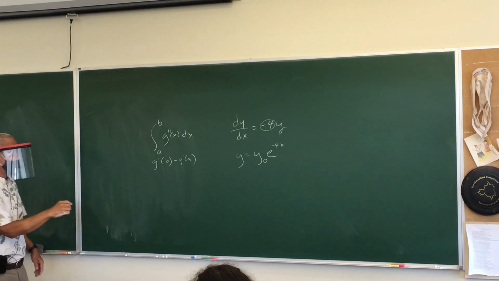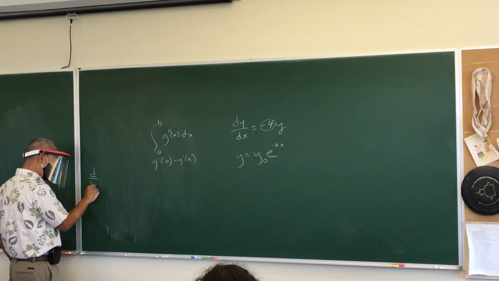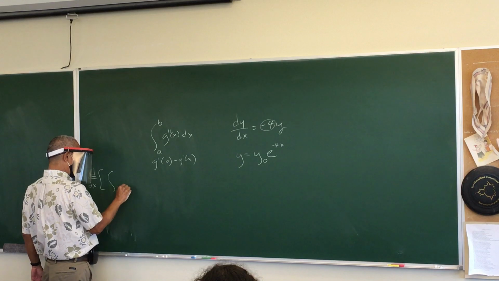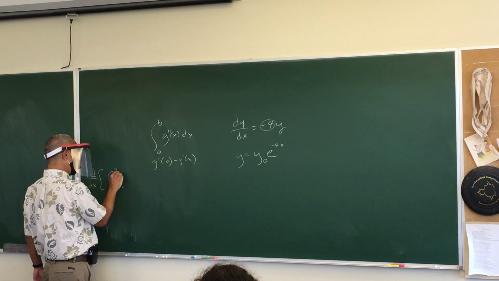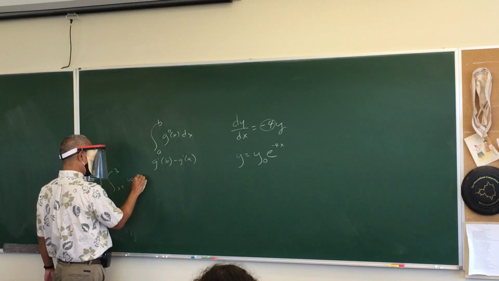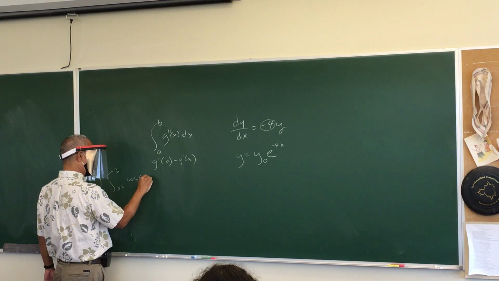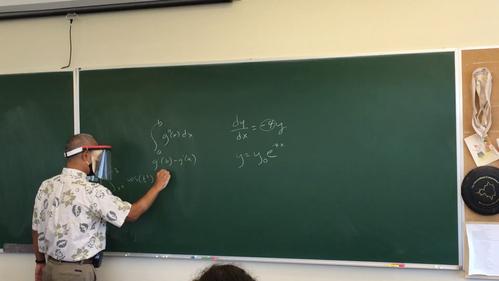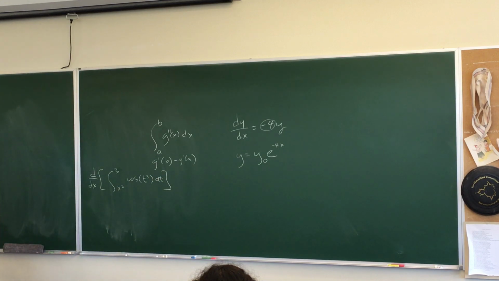Who's next? What is the derivative of the integral from x squared to 3 of cosine of x t cubed dt? Can I do steps?